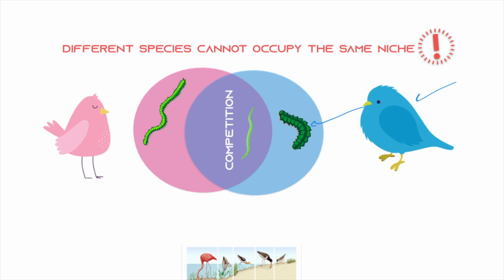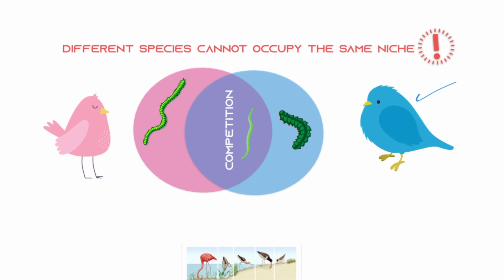Nonetheless, in many cases, niches overlap. That usually happens all the time, but usually organisms try to keep a distance. They try to minimize the competition.